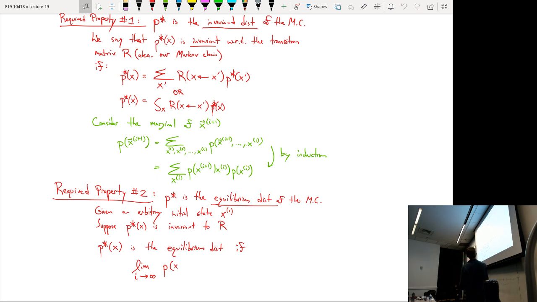So if you already have a distribution over the states xi that is identical to P star, and now we take a sample from P star of xi, but take one more step from your Markov chain, the first property is saying that that will be the exact same distribution as P star of x. So a sample from P star plus one step of your Markov chain is a sample from P star.